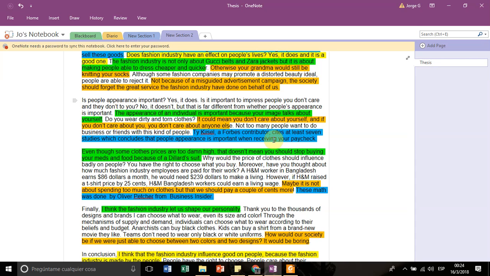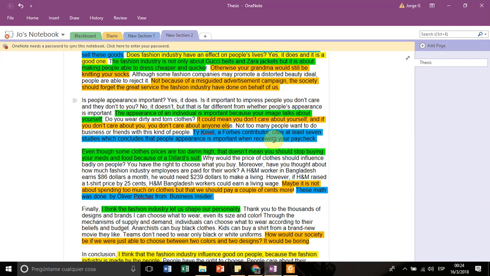And the third fact I included was this. Even though some clothes prices are too high, that doesn't mean you should stop buying your medicine or food because of a dollar suit. A counter argument was that maybe the problem is not that we spend too much on clothes, but that we should pay a couple of cents more, because some people get paid too little by the producers of clothes.